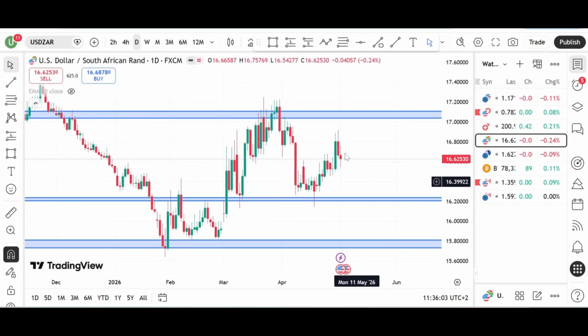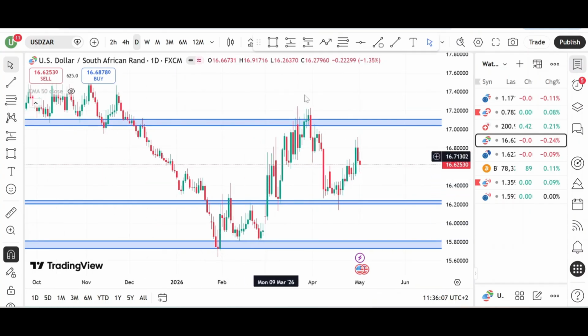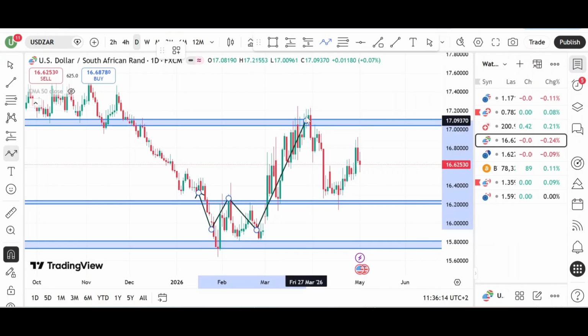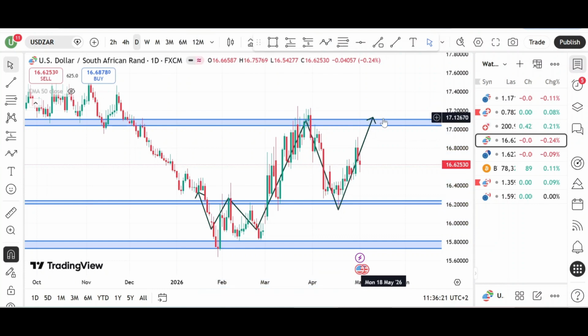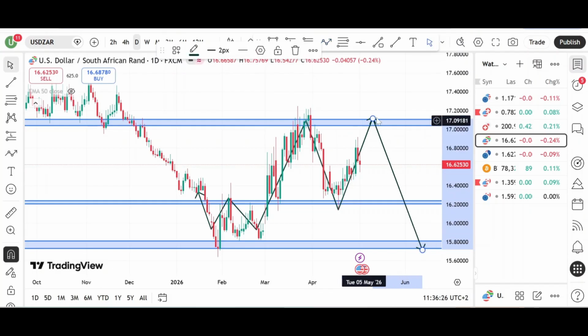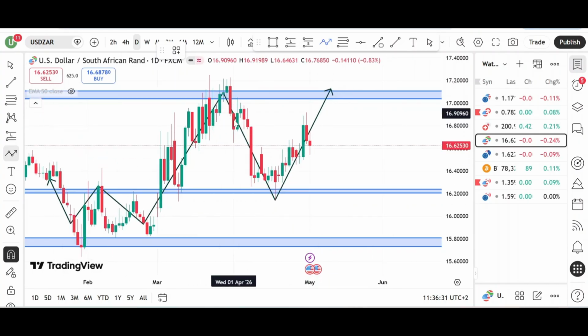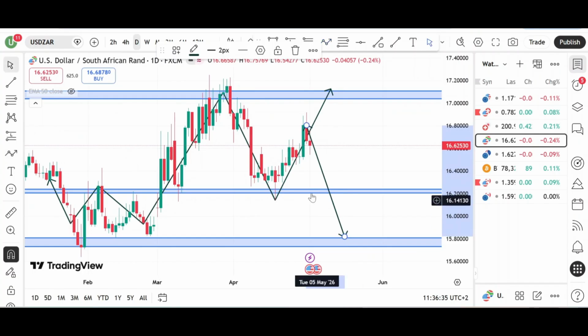Two things can happen. As you can see, we have been in an uptrend because we have seen here a range or a consolidation, but we managed to break here to create a high, and then this is a higher low. We can expect the completion of this equal high here before the price returns back here, or we can also see the failure of the buyers, where the sellers can splash back down here.